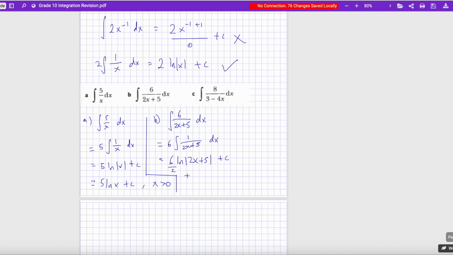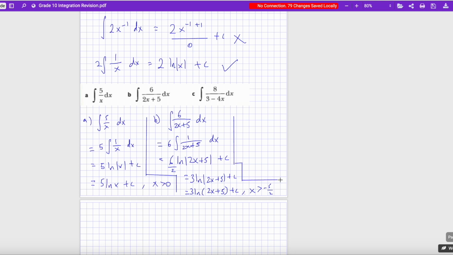So what you will get is 3 ln mod 2x plus 5 plus c. Some of you may not like the mod sign, so you can write 3 ln of 2x plus 5 plus c, but make sure you state that x has to be greater than minus 5 over 2. If it's 0 or negative, then you won't have a solution, because ln 0 or ln of a negative is an error. Take note of that.